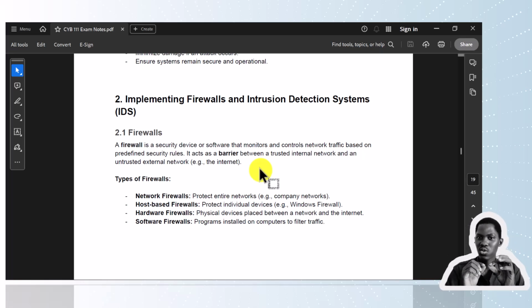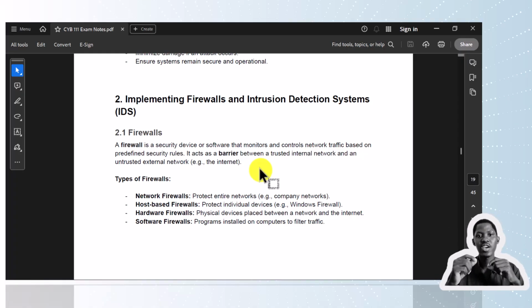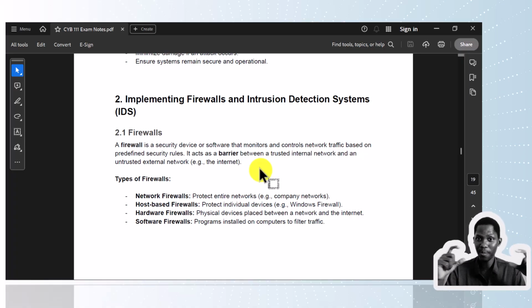It monitors and controls. You see, by the time you set your inbound and outbound rules, for it to be able to work, because it's going to be controlling the network traffic, it has to monitor the network traffic. So it monitors the network traffic and then applies the predefined security rules to that traffic.